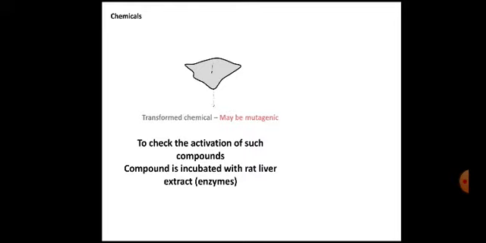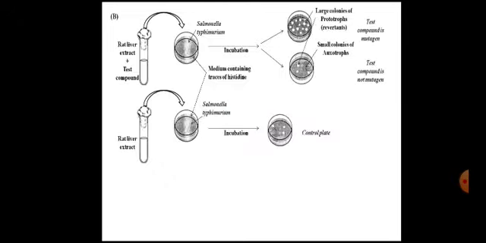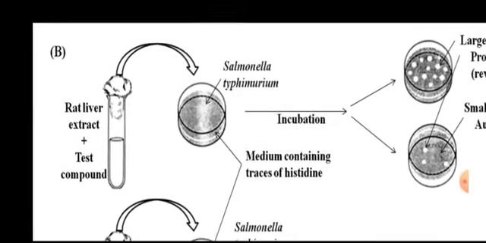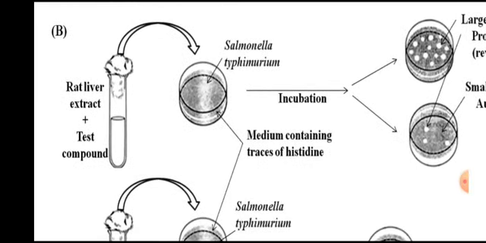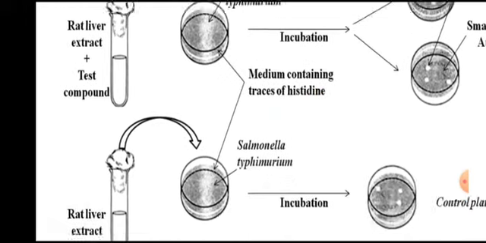That means it is incubated with the hepatic enzymes and then tested. Then the protocol is the same again. Here we can see rat liver extract is incubated in presence of this test compound. If there is any transformation, it is allowed to occur, and then it is transferred onto the plate containing Salmonella typhimurium, which is grown on the medium containing traces of histidine.